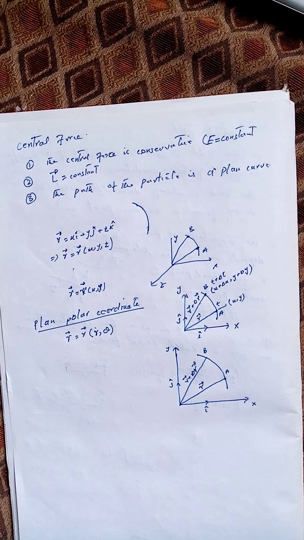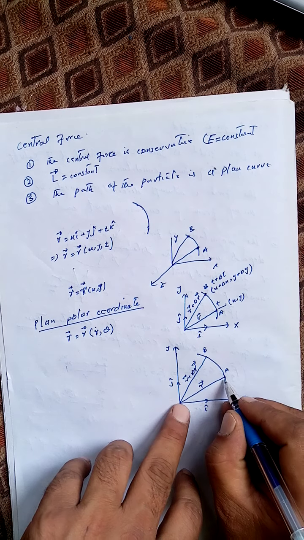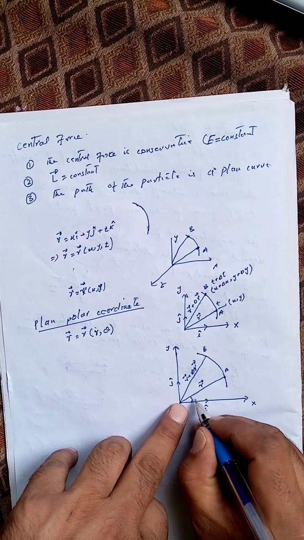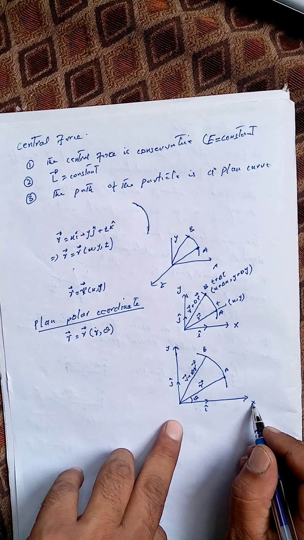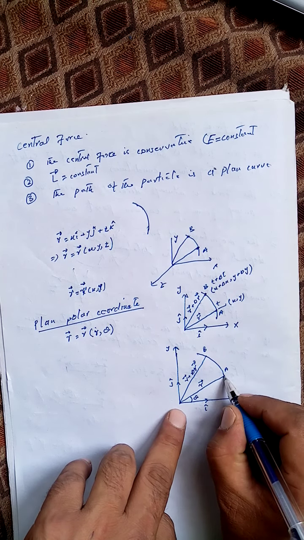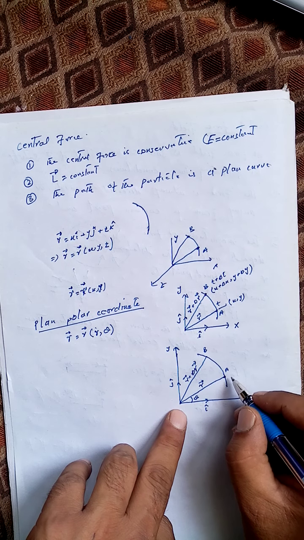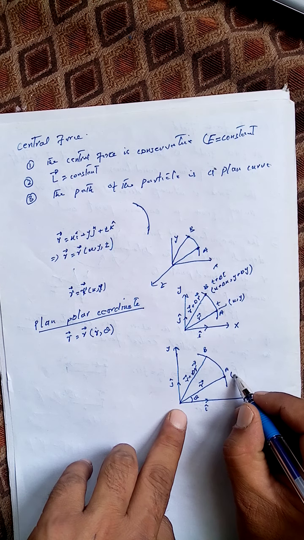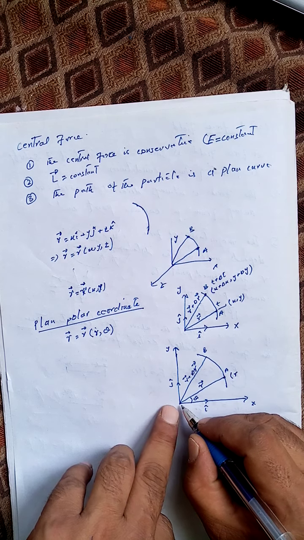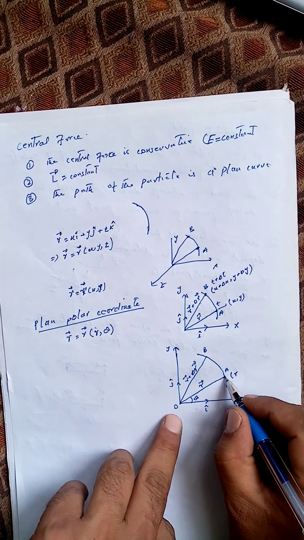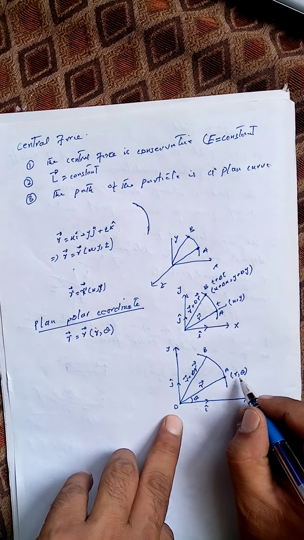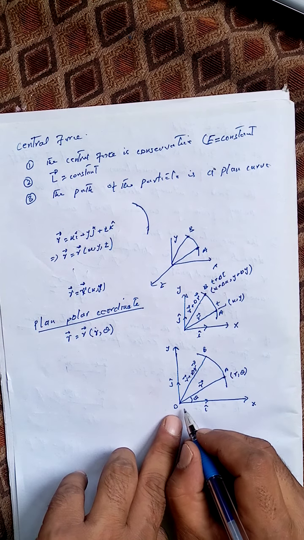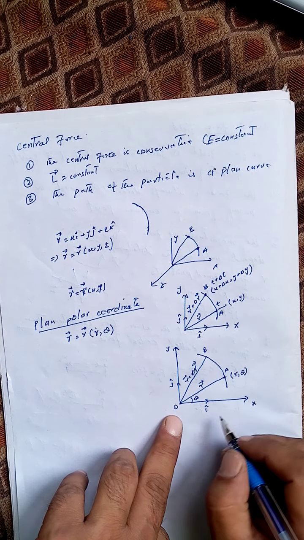Now this position vector initially at point A makes an angle theta with the x-axis. So at this point the particle can be represented by two coordinates, which are r, the distance from the origin to point A, and theta. Theta is the angle which the position vector makes with the x-axis.